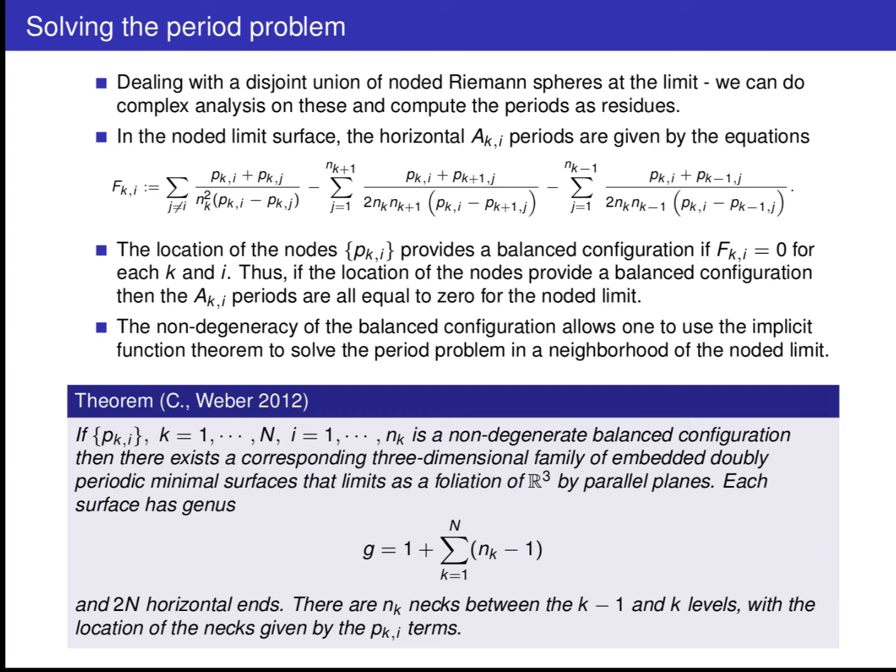Those n_k are the number of nodes at each level on our surface. Capital N is the number of levels. And they'll have 2 times capital N horizontal ends. So there are n_k necks between the (k minus 1) and k levels, with the location of the necks given by those p_ki terms.